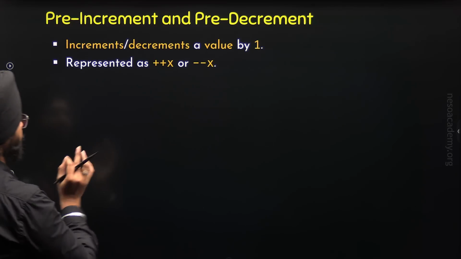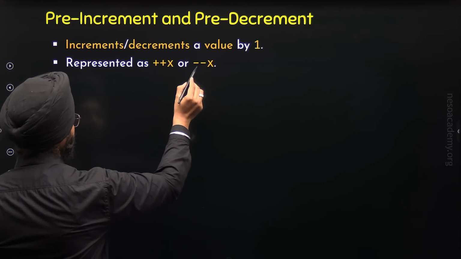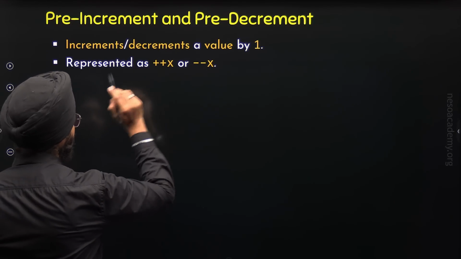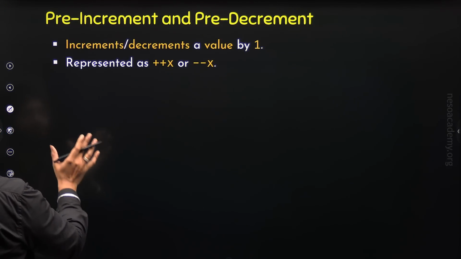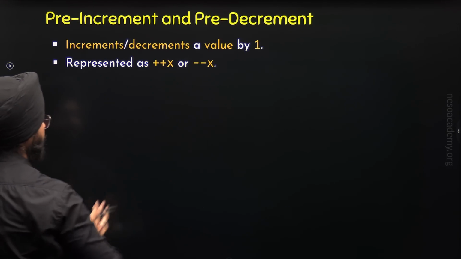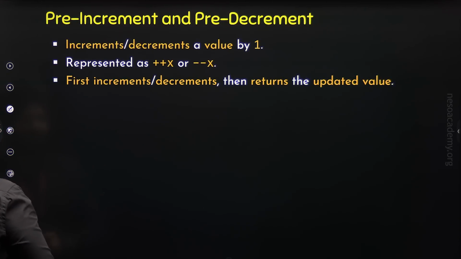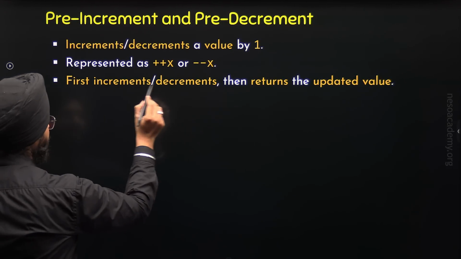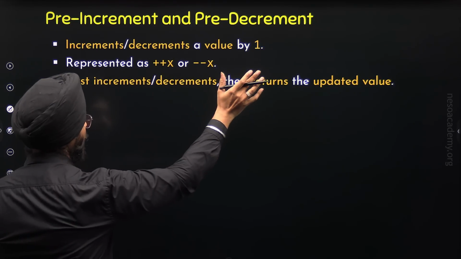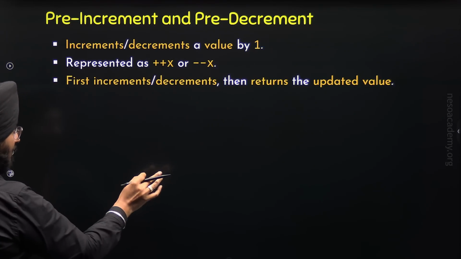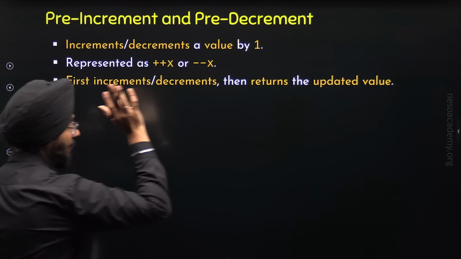There is one more reason why we call these operators pre-increment and pre-decrement operators. That reason is dependent on the functionality of these two operators. Here is this reason. First, increment or decrement happens in the case of pre-increment and pre-decrement operators. Then the updated value is returned.